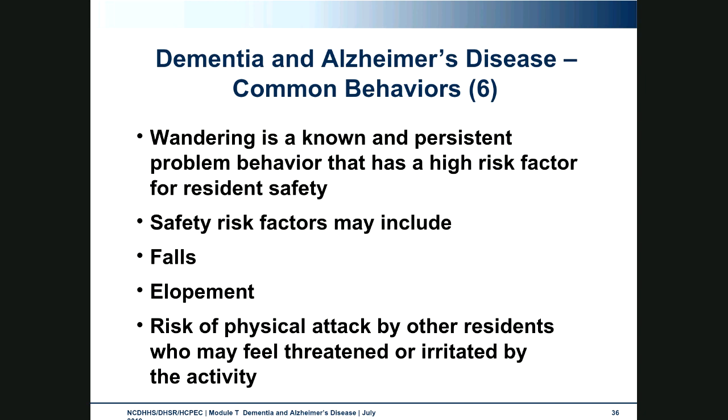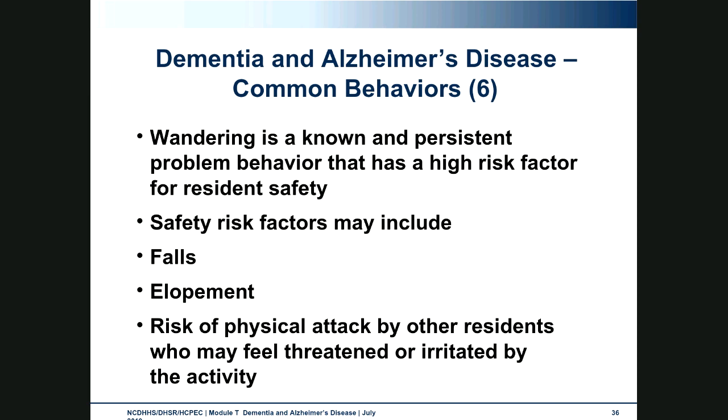They don't really sleep very well, or they sleep at different times during the day, so they may nap off and on all day. They may hoard objects. They may start hiding things, hiding pills, hiding food. They have a decreased awareness of their personal surroundings, which we're going to talk about in just a minute, which makes them a big safety risk. And of course, these catastrophic reactions that we've talked about, yelling, crying, striking out, this seems inappropriate to the event. So yeah, keep in mind that some of these behaviors can put you and others in danger.